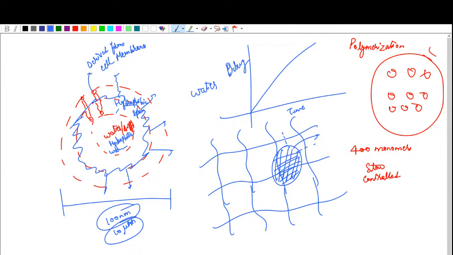So maybe these are like hollow particles, and this membrane is degrading slowly, so nothing is coming out till the membrane degrades, and once the membrane has opened up, all the drug immediately comes out. So you can have 3 or 4 different types of particle systems encapsulated here. So that's just one example.